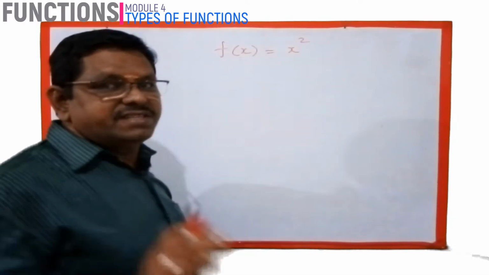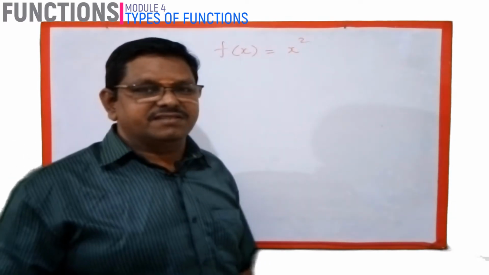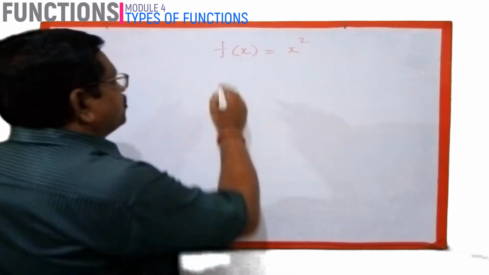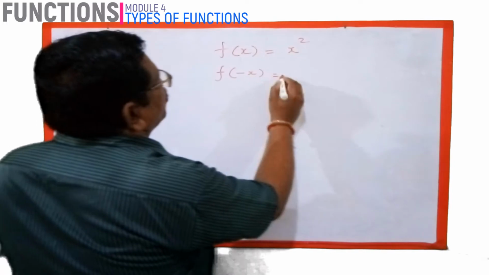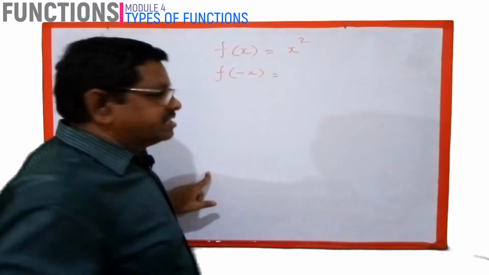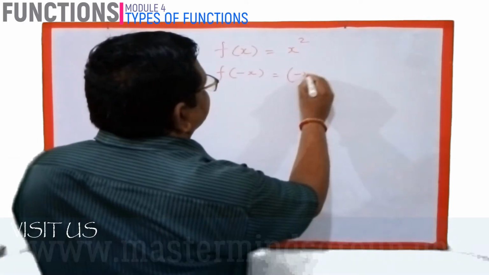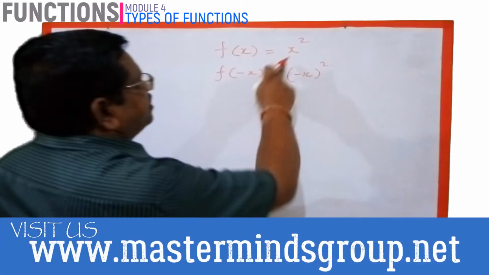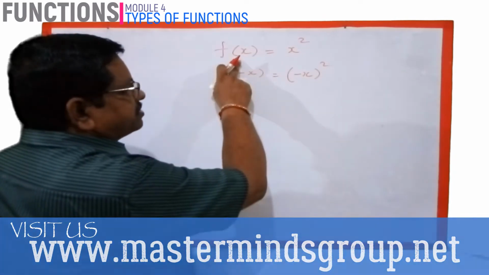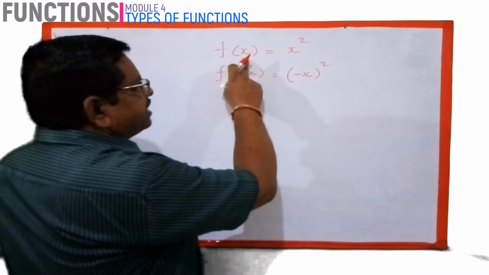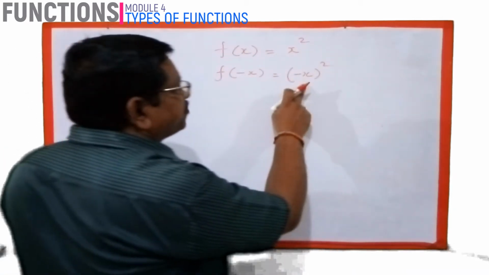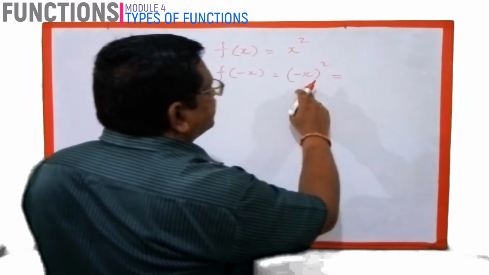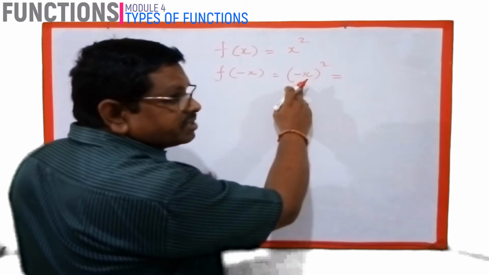Now we are going to test whether it is an even function or an odd function. If we take minus x in place of x, what may happen to this function? This x will be changed to minus x, so minus x whole square. When there was x, it was x square; when it is taken as minus x, it changes to minus x whole square, and you know very well that the square will remove the minus.